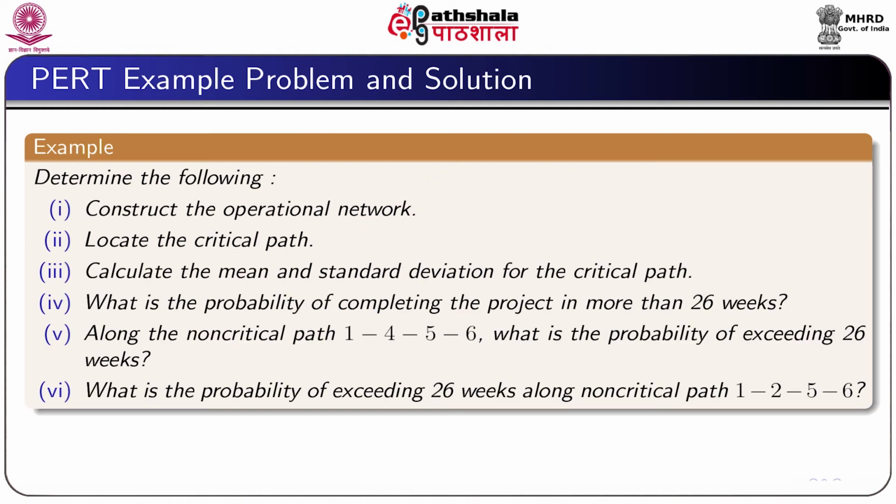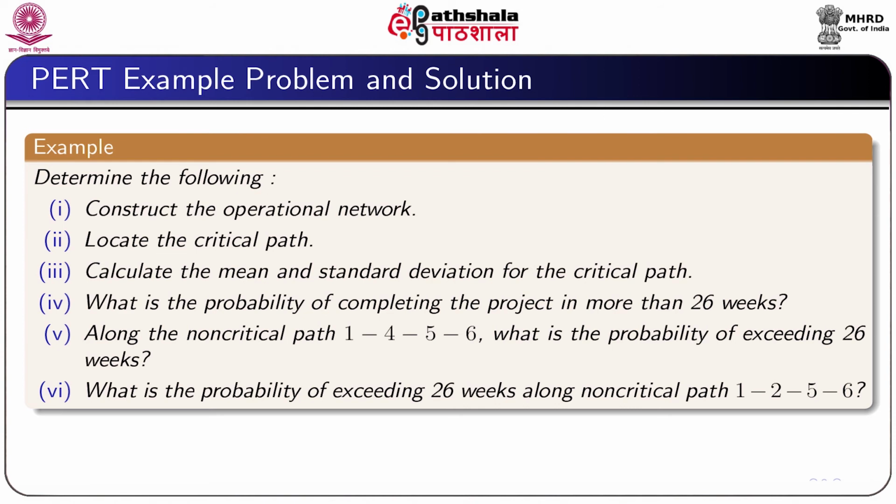We have to first construct the operational network, then to determine the critical path. Also, we have to calculate the mean and standard deviation of the critical path, and then from the distribution we have to find what is the probability of completing the project in more than 26 weeks.